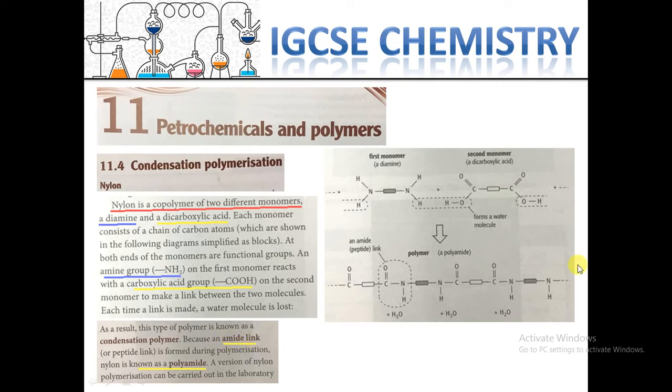That's why this type of polymer is also well known as polyamide. This is called condensation polymerization.